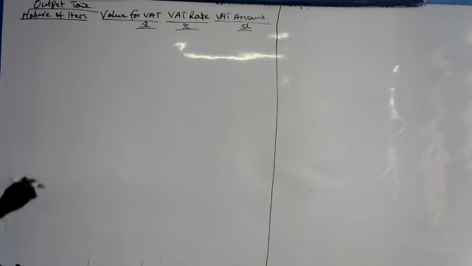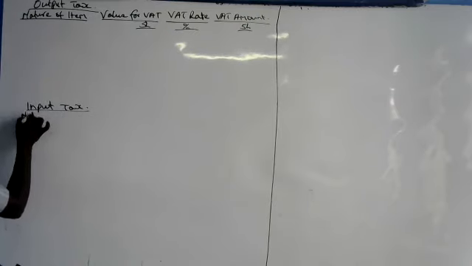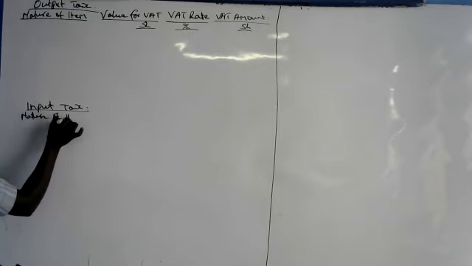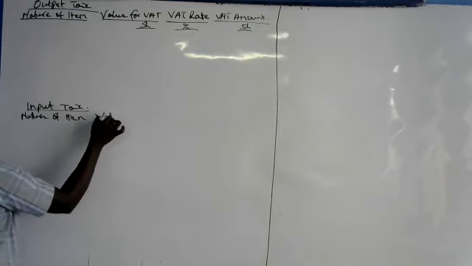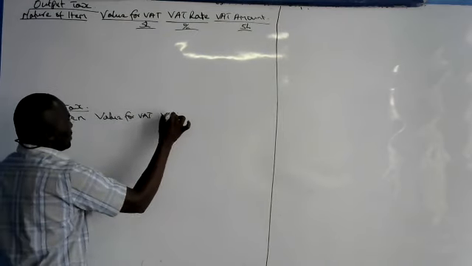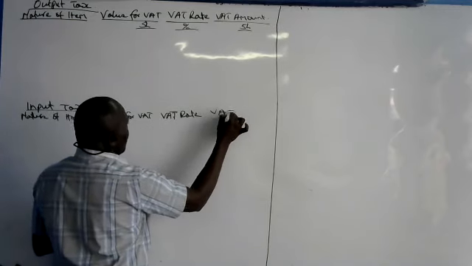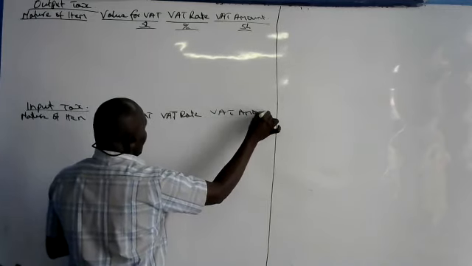That is for the output tax. Then to an input. Nature of item, value for VAT, VAT rate, and VAT amount.